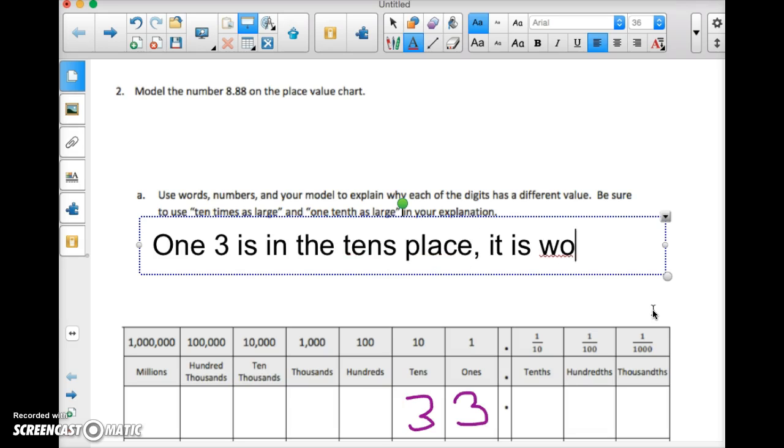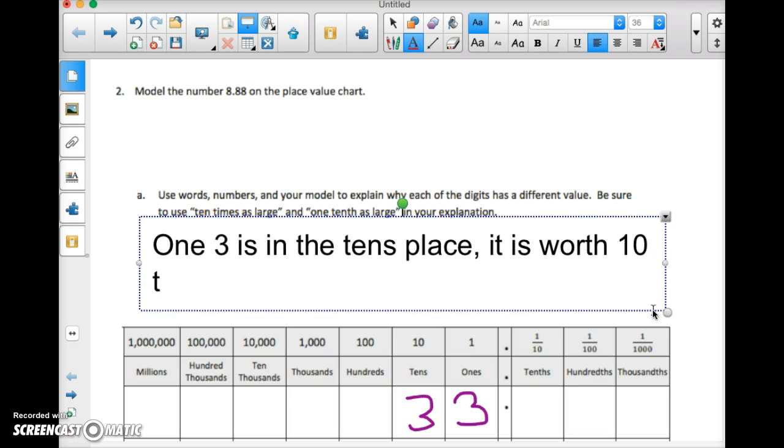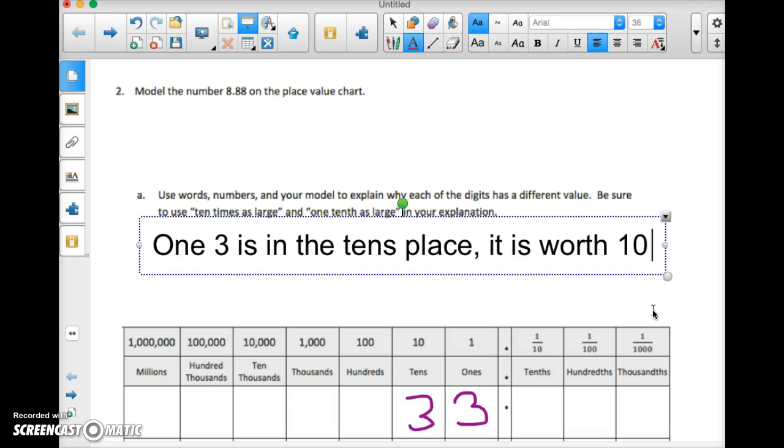It is worth 10 times, I would say it is, because I've got to use these words right from up here, 10 times as large.